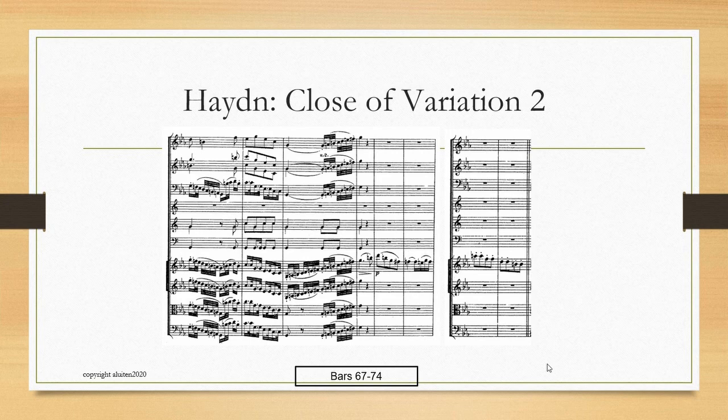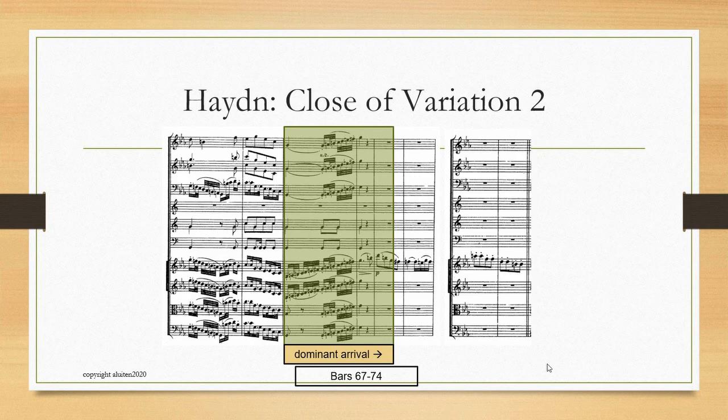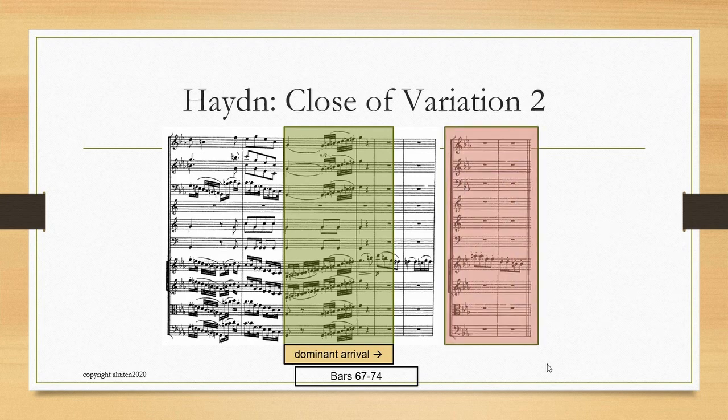Links can certainly be made to the use of the vii half-diminished seventh at the close of variation 2 in the Haydn. The dominant is actually arrived at in bar 69, and the vii half-diminished seventh is encapsulated in a broader dominant prolongation there.